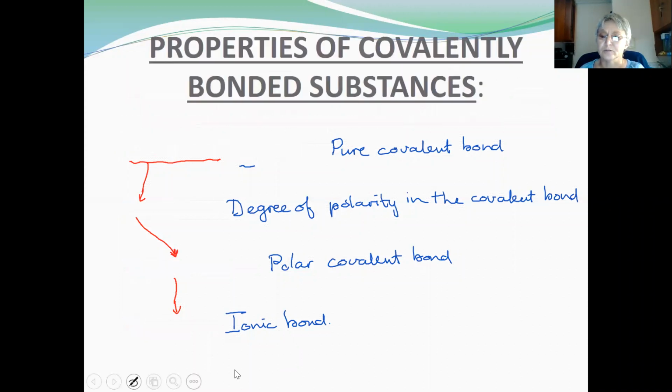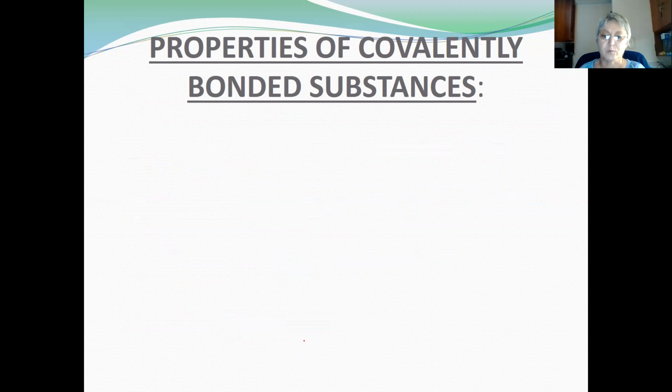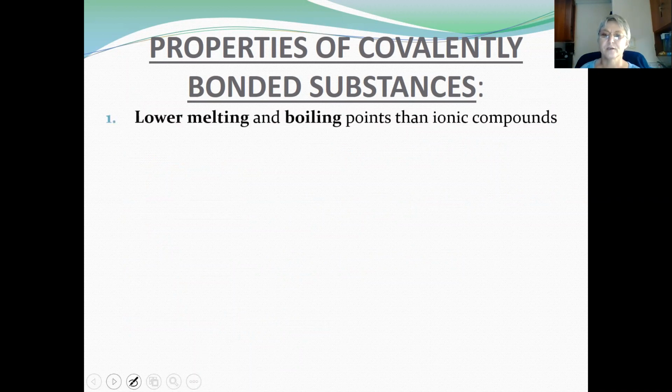So before we go on to some examples, we're going to look at the properties of the covalently bonded substances. Covalently bonded substances have relatively low melting and boiling points compared to the ionic compounds.